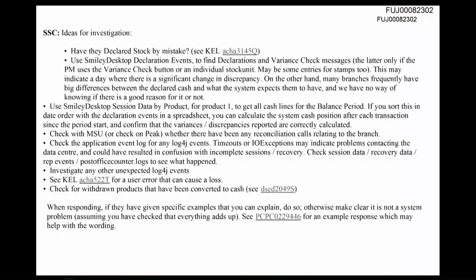Can we take a look at a practical example? You'll see that this Kel mentions at the end there the peak ending in 446. Yes. Can we look at that peak, please? It's Fujitsu 0008 3493.